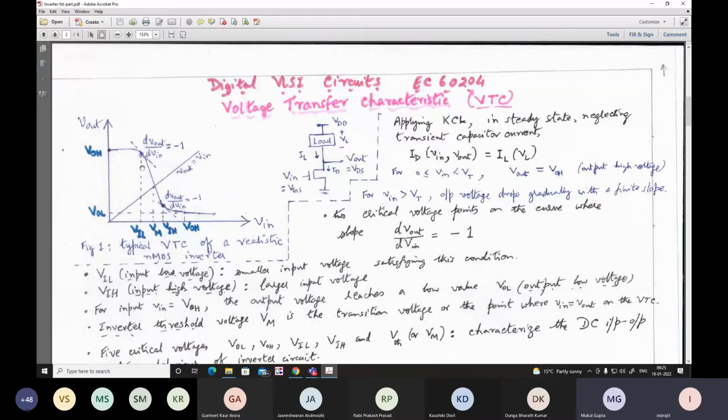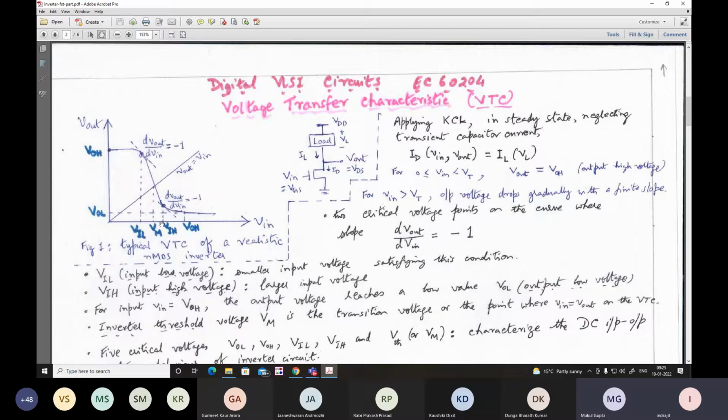But before it attains the sharp slope, there is a point at which the slope of the voltage curve will be numerically equal to 1, dVout/dVin equal to -1. Then it has a sharp slope, and before it approaches the lower limit of the output voltage, the slope will again decrease numerically.